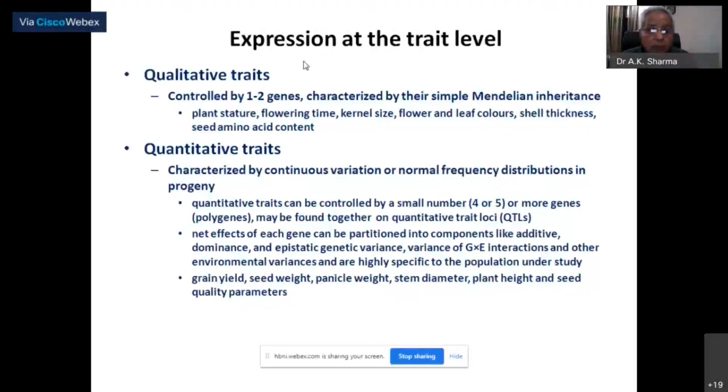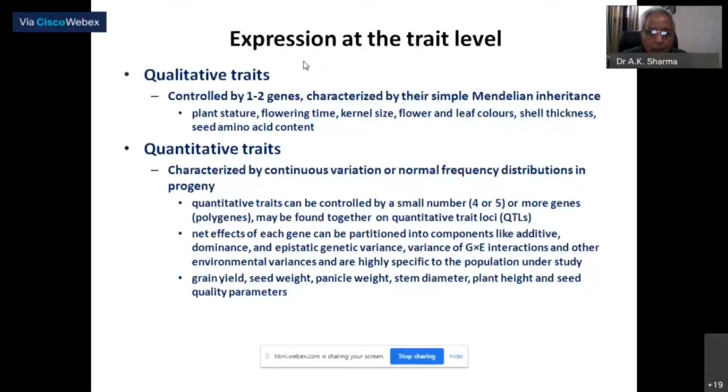So you may have quantitative traits which, if you are lucky, are controlled by 4 or 5 genes, but there may be many more genes, when they are called polygenic. Quantitative traits may be found together. If you are again lucky, you may have them on a quantitative trait locus.